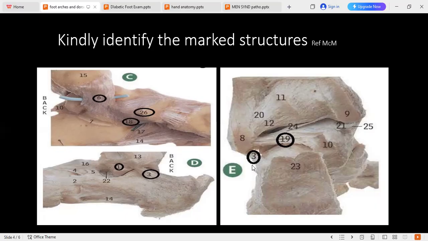Would you be able to tell me the structures which are present on the medial and lateral aspect of the ankle? Yes, the structures behind the medial malleolus are posterior tibialis, flexor digitorum longus, flexor hallucis longus, tibial nerve, and posterior tibial artery. What are the bones which form the ankle joint? Trochlear surface of talus, tibia, and fibula. What type of joint is the ankle joint?